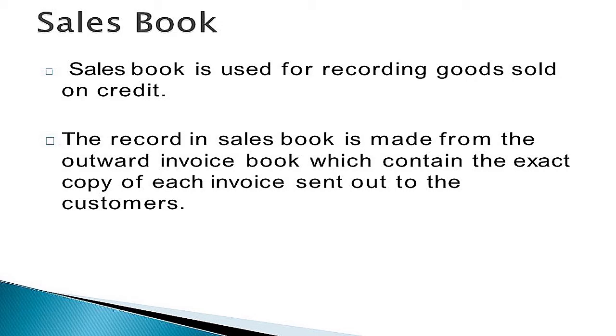The record in sales book is made from the outward invoice book, which contains the exact copy of each invoice sent out to the customers. When we sell goods, we send an invoice, the outward invoice. Outward invoice is evidence of credit sales, which we use to record the sales in the sales journal.